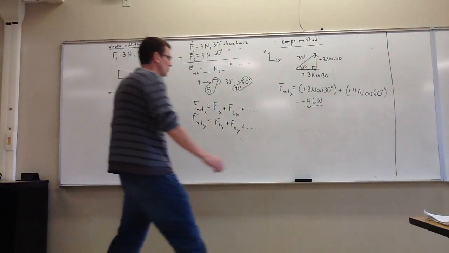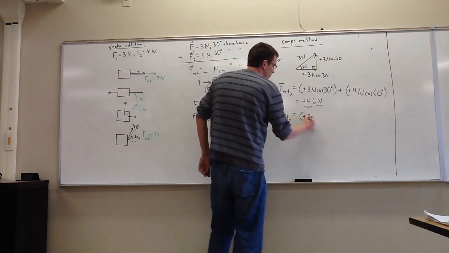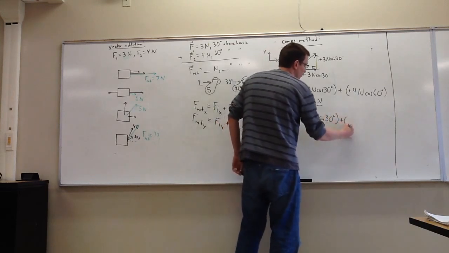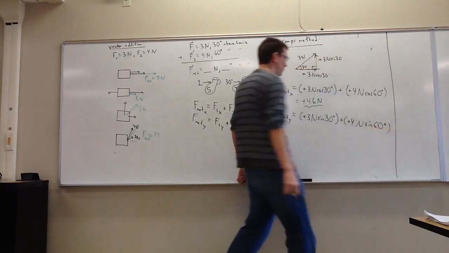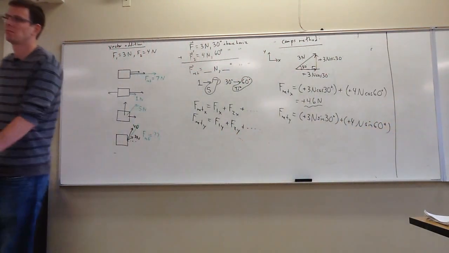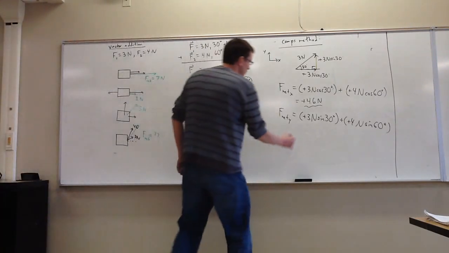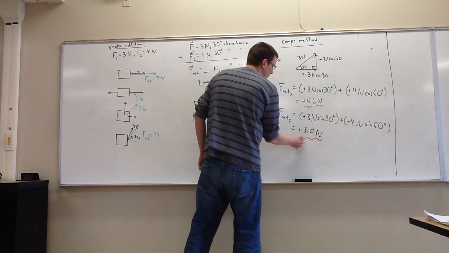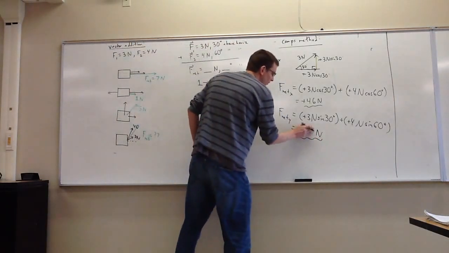And let's do the same prescription with the y direction. Add up all our y components. The cosines just change to sines. You do this, get around 5.0 newtons.